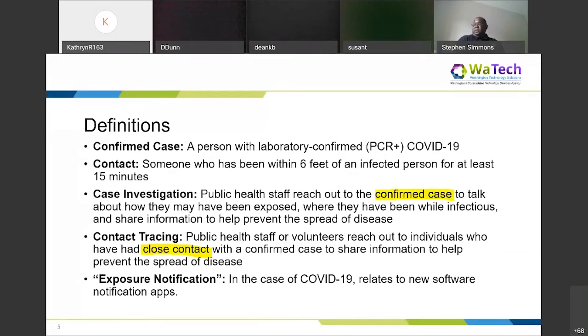And then case investigation is when there's an actual confirmed case. And the difference with that and contact tracing is somebody that's had contact with a confirmed case. So that's the distinction between those two concepts. And for today, exposure notification, I'm really going to be talking about that in terms of how we use that term regarding apps that might be downloaded to smart devices.